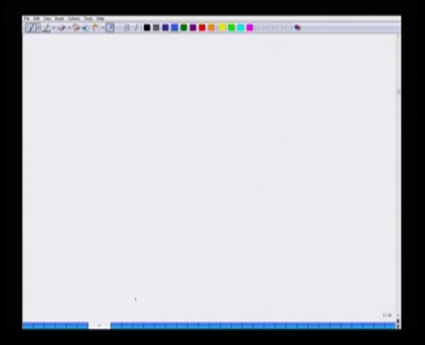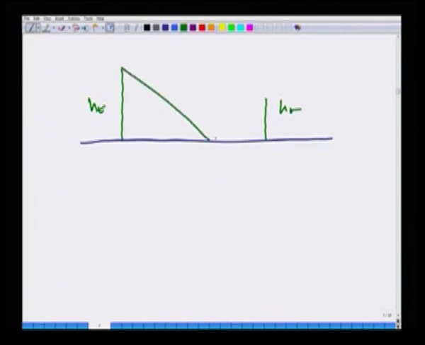Similarly, now let us compute dg, that is slightly involved, but nevertheless again intuitive. I have again ht, hr, I have the ground reflected component such that theta incident is basically theta reflected.